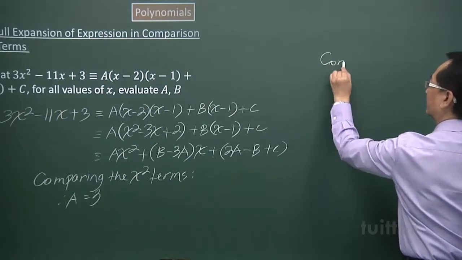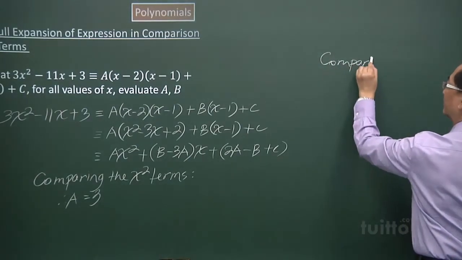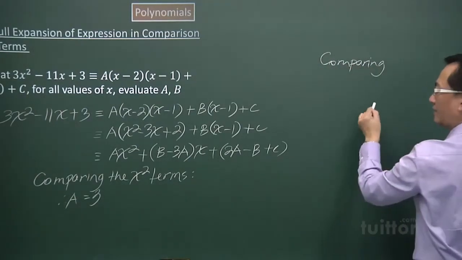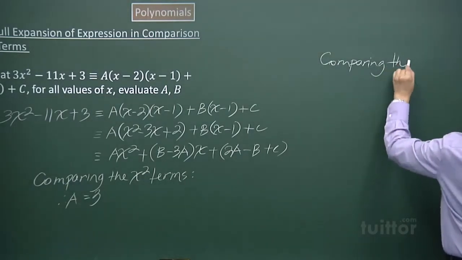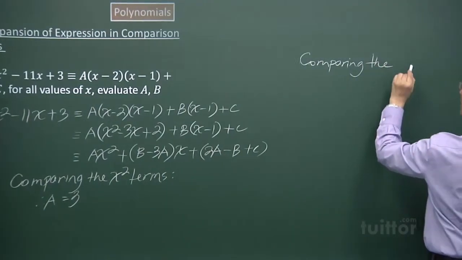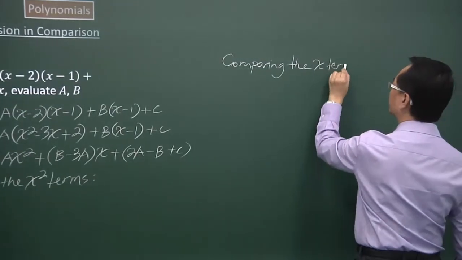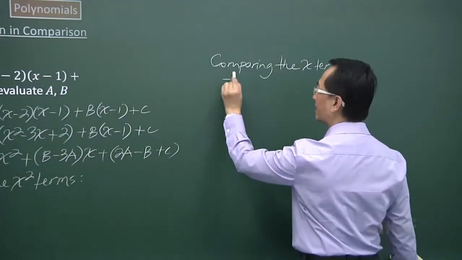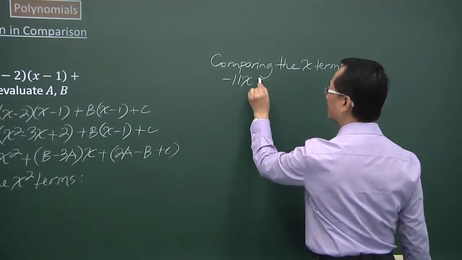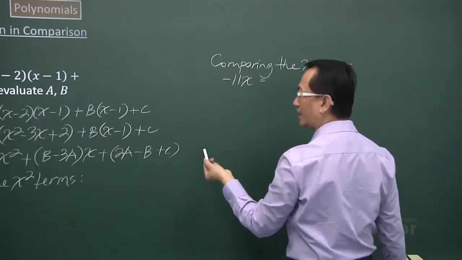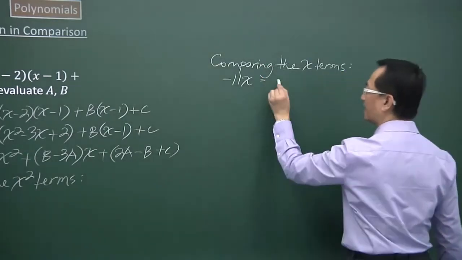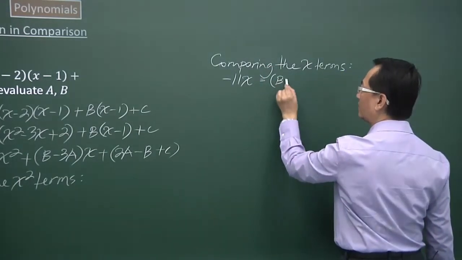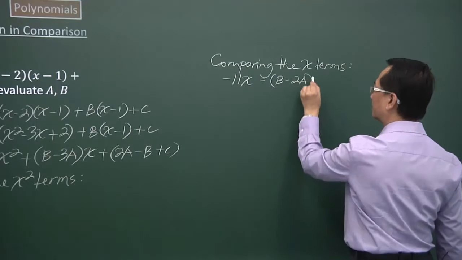Next, comparing the x terms, I will have on the left hand side negative 11x, on the right hand side I have b minus 2a.